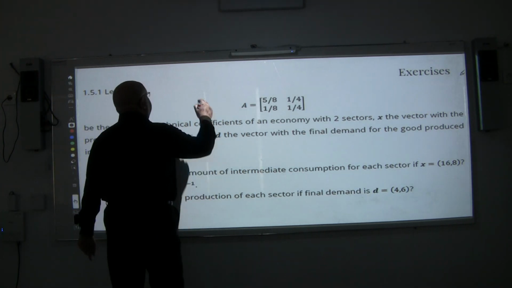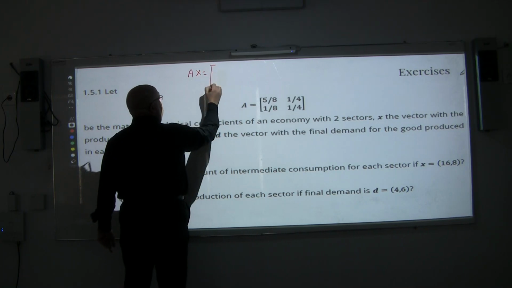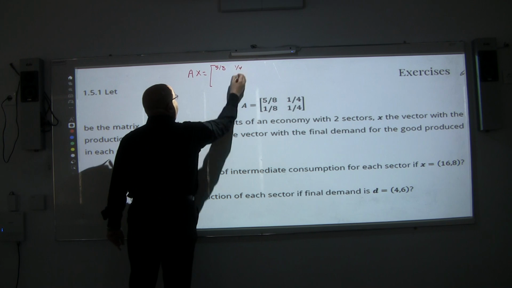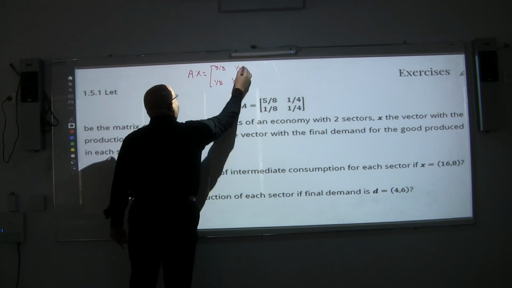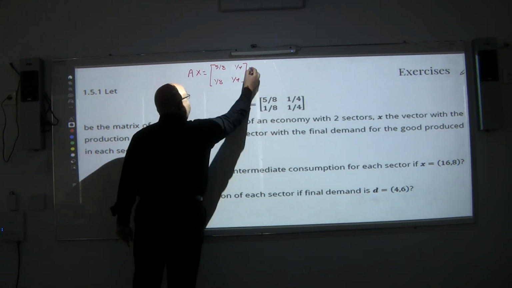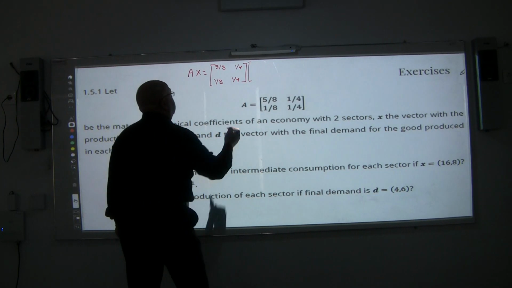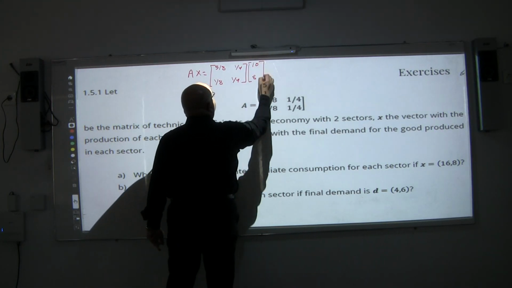So if I want to get the intermediate demand, which is A times X, it's simply multiplying 5 over 8, 1 over 4, 1 over 8, 1 over 4 times the production. And the production that we have is 16 and 8. Let's do it together.